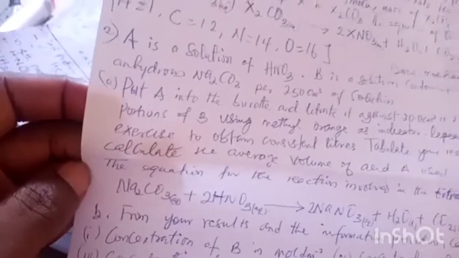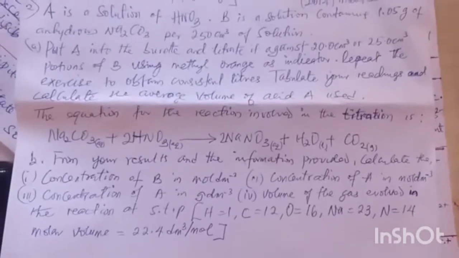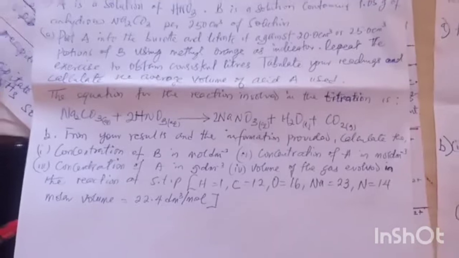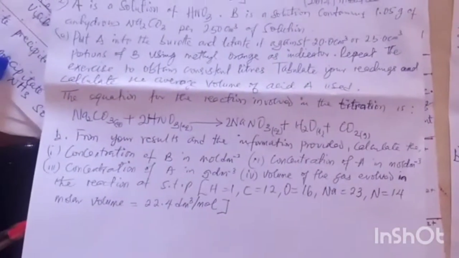A. Put A into the burette and titrate it against 25 cm cube portions of B using methyl orange as indicator.